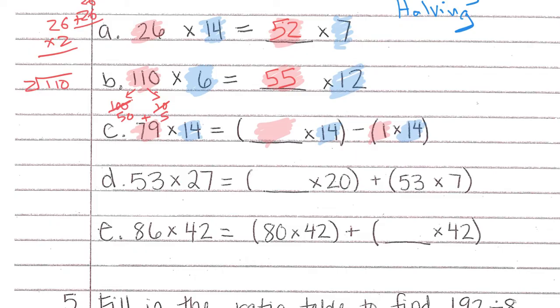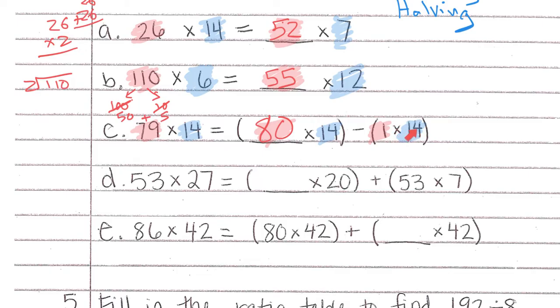Well, it looks like they want you to subtract one of the 14s on this side. What would this number have to be so that if you subtracted one of them, you would get a 79? Well, I do believe that you would need this number to be 80. Because if you're going to count 14 80 times, and then you change your mind, you're like, just kidding, we're gonna take away one of those.